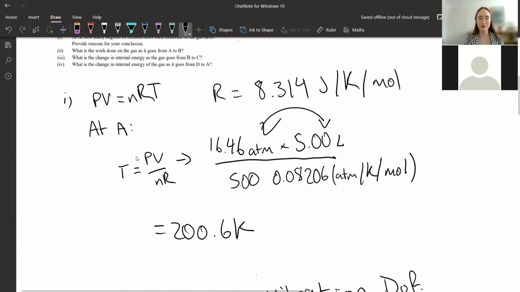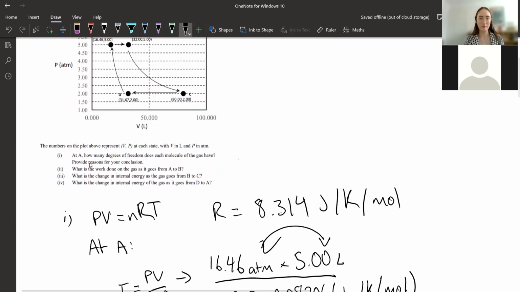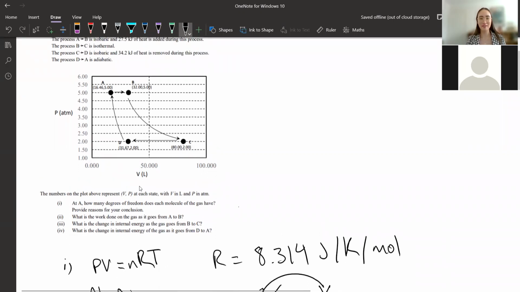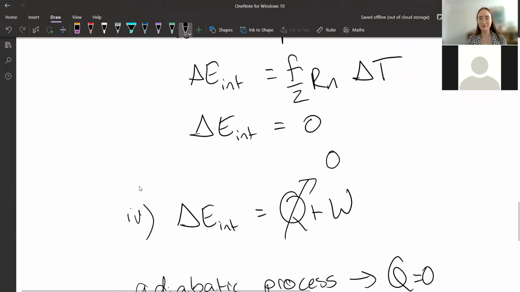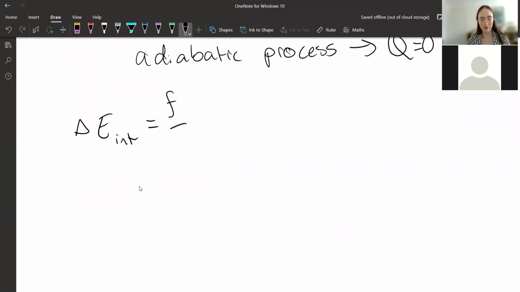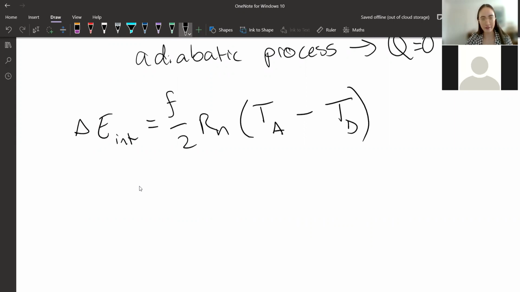Personally, because we can use this temperature equation from the ideal gas law, it's probably going to be easier than finding out what that integral is. And so we're going to do that one. So we're going to say change in internal energy equal to f on 2 R n times T A minus T D, so final minus initial. T A we found before.